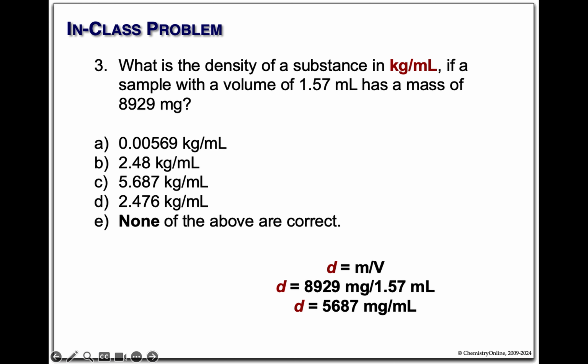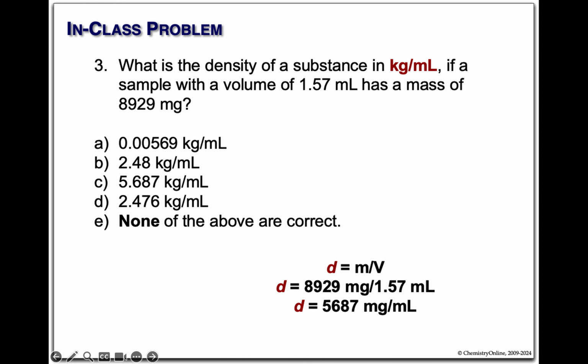But we want kilograms per mil. So we have to convert milligrams to kilograms. You can do this in your head, which is what I want you to do. There are 1,000 milligrams in a gram, right? So how many grams is this? Just divide it by 1,000.